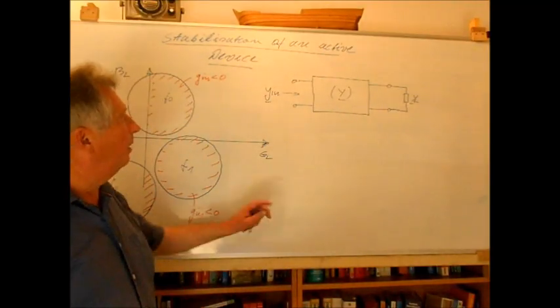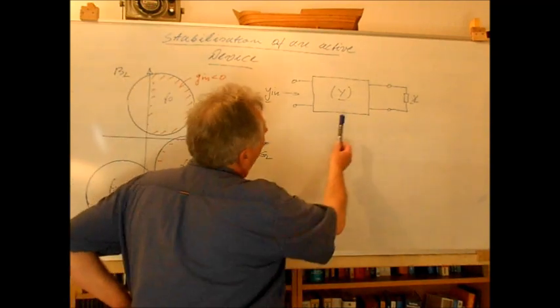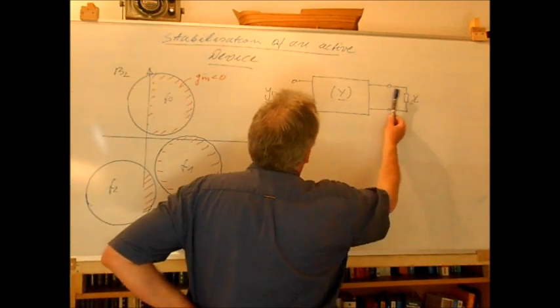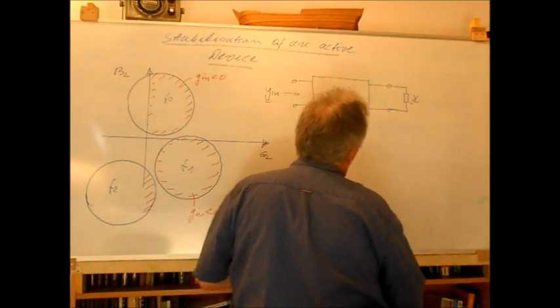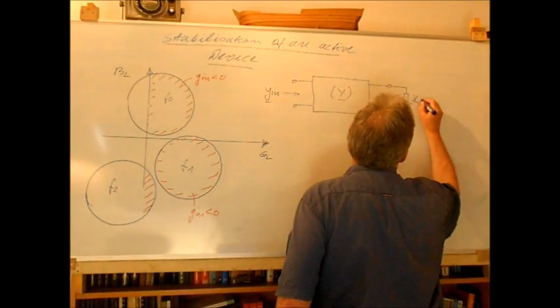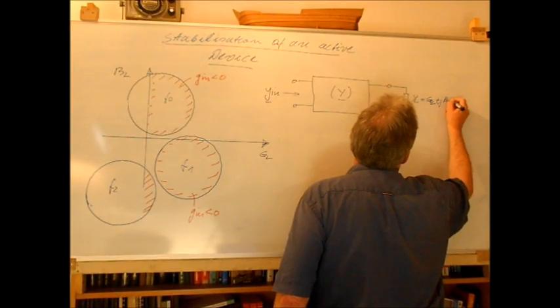It's described now by our Y parameters or S parameters, and we connect to this active device our load impedance, or sorry, our load admittance, which is given as GL plus jBL.